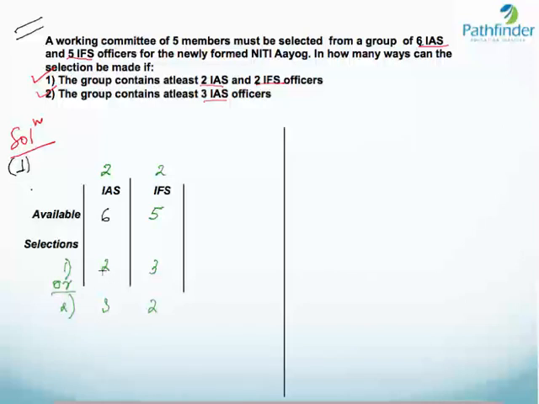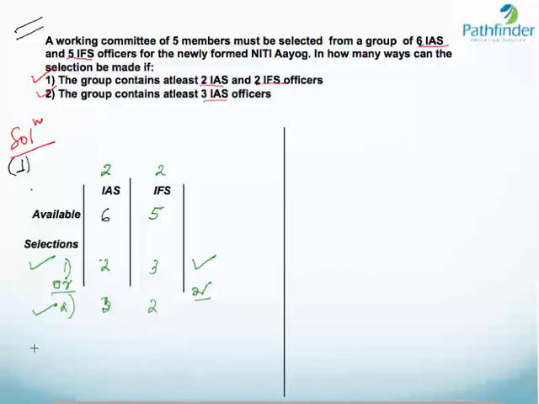That means either this case can exist or this case can exist. Both cannot happen together or at the same time. So between both these cases, we have an OR. So what do we say about the selections? That either we select 2 IAS officers and 3 IFS officers, or we select 3 IAS and 2 IFS officers.